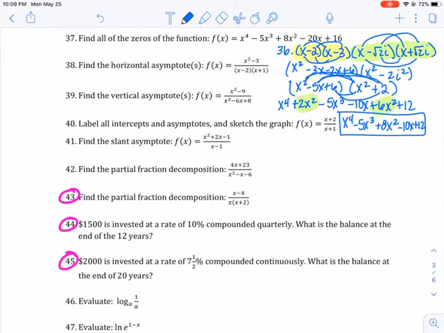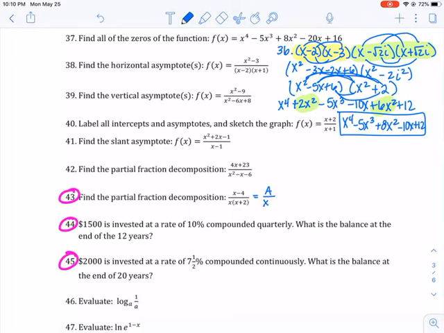All right, 43. The partial fraction decomposition is when we split it up into the two denominators and figure out what those numerators have to be. So on 43, we're first going to rewrite it as a over your first denominator.